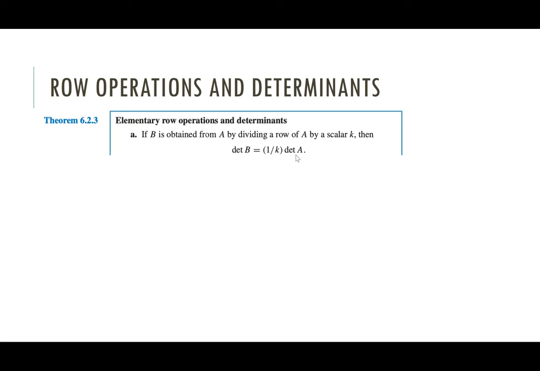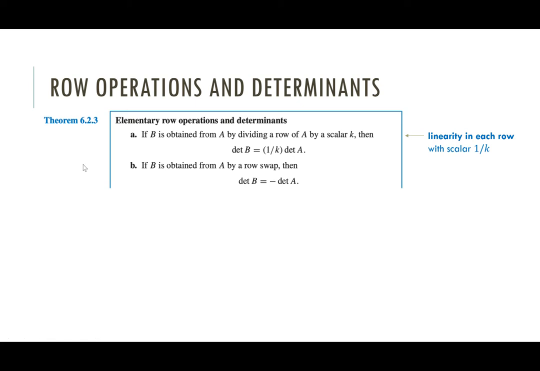And this is saying, okay, how does that affect the determinant? Well, by the linearity property, whatever row you scaled by 1 over k, you can factor that out of the determinant. So the determinant of the resulting matrix is just the determinant of A, but with the scalar 1 over k pulled out.